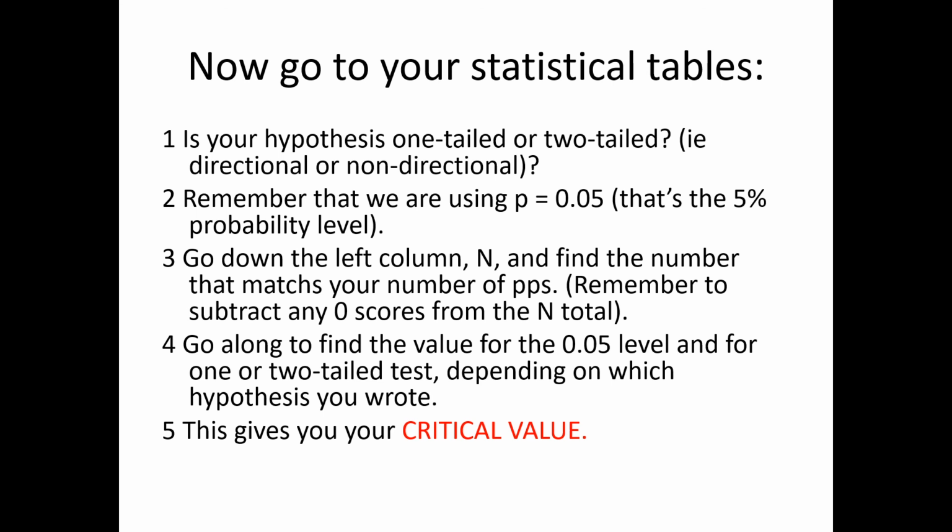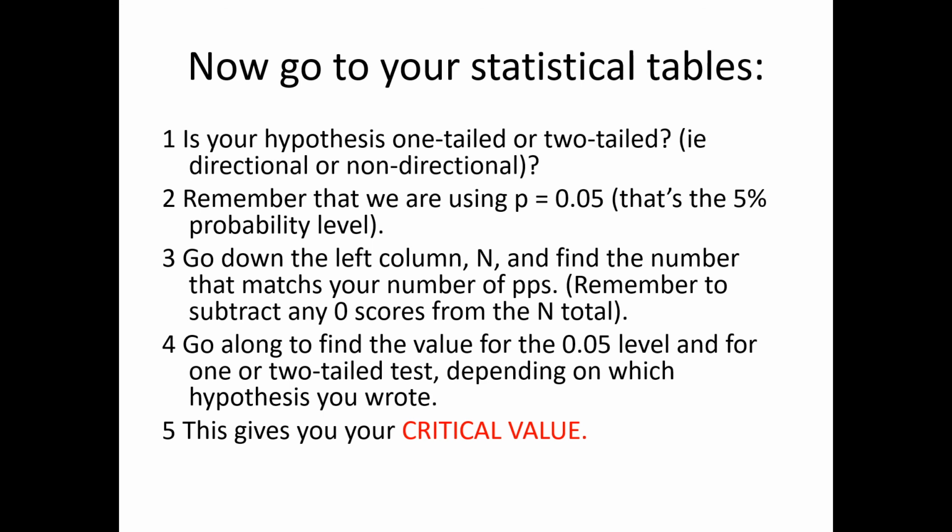If you've written something like there will be a difference in estimated speeds in miles per hour, depending on whether participants are given the verb smashed or the verb contacted in the critical question, then you have a two-tailed / non-directional hypothesis, right? So you will have to look back at your introduction and you will have to know what type of hypothesis you've written.